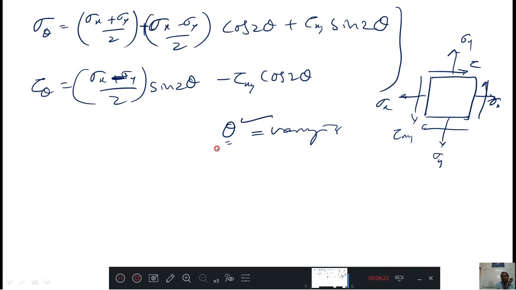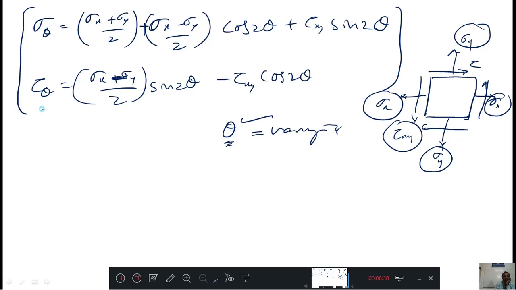When I am varying theta, I am keeping sigma x, sigma y and tau constant. They are considered constant, and which is varying? Theta is varying. Understood? In this equation, as I go on putting different theta values, I will get different sigma theta and tau theta values.